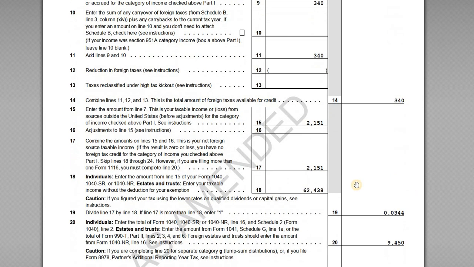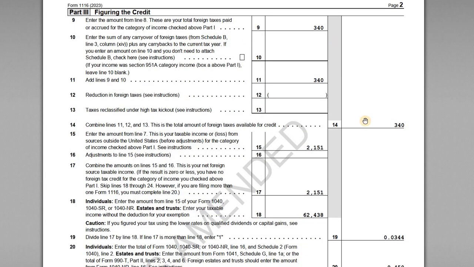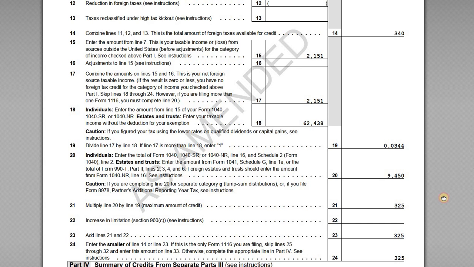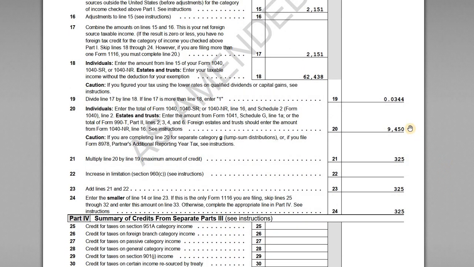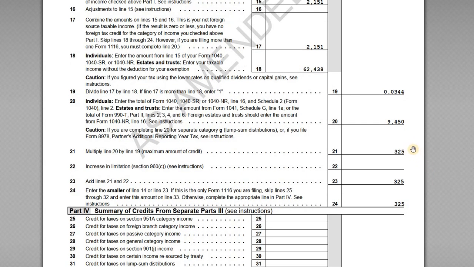And so in part 3, where we figure the amount of credit that's available, we have $340 of foreign taxes available. The foreign source net taxable income is $2,151. And so when we look at our total tax liability of $9,450, the available maximum amount of credit that we can take for the period is $325.